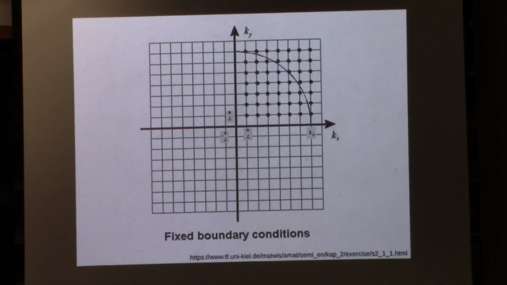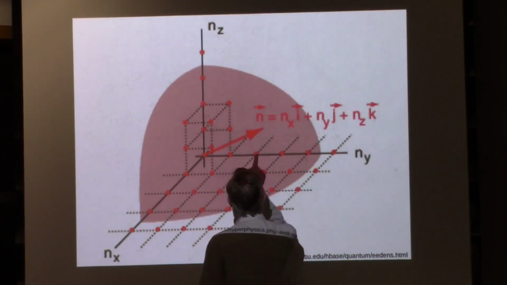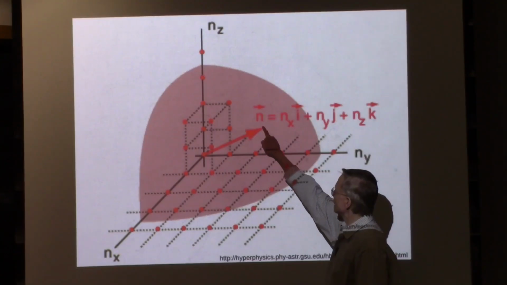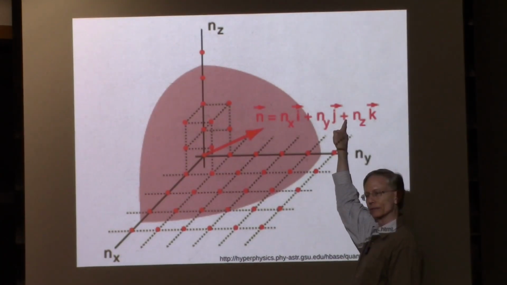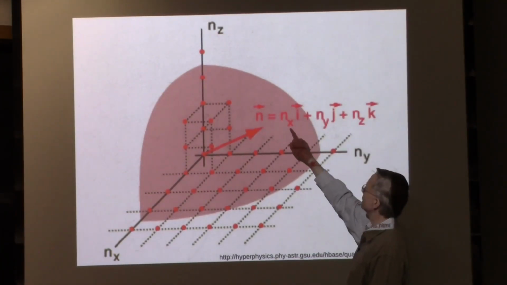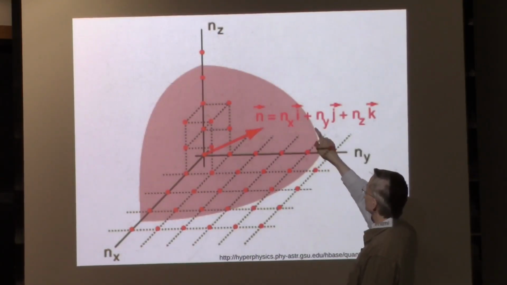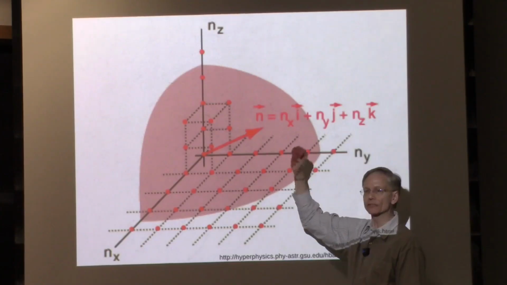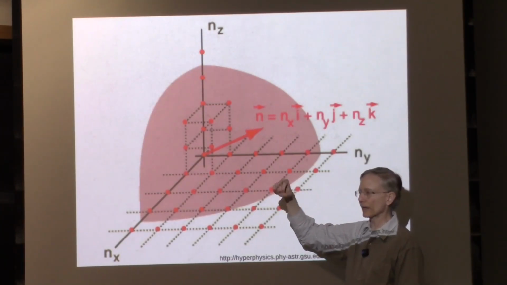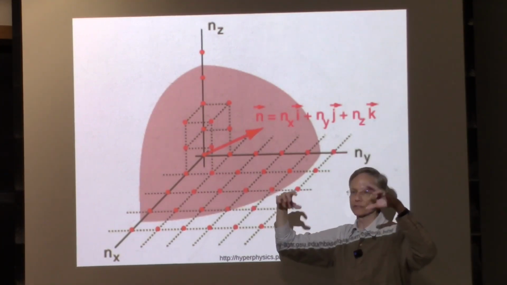If we go back into n space temporarily, notice that n squared is the square of the length of this vector right here. If I take this vector n, whose components are n x, n y, and n z, and dot it with itself, I get the square of its length, because every vector, whether or not it has self-respect, has a dot product with itself equal to the square of its length.